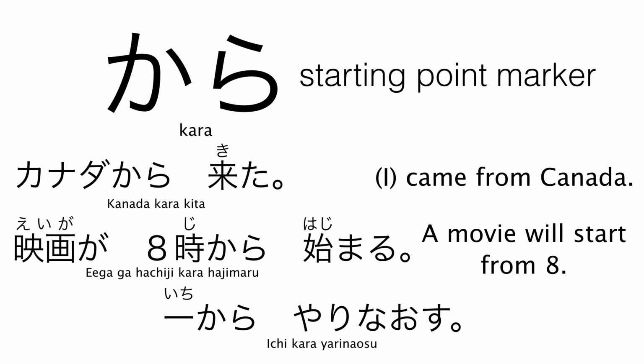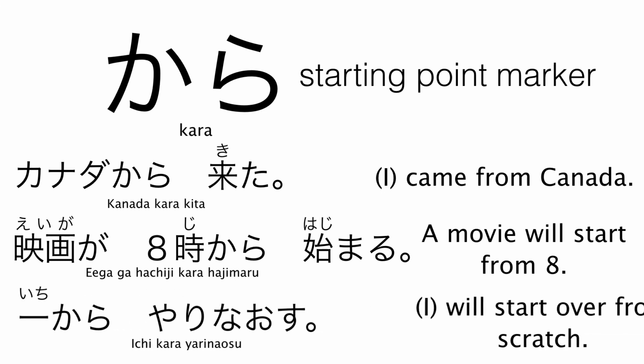The last example, 1からやり直す。1 means the number 1 in Japanese, and here it simply refers to the beginning. やり直す is a compound verb made up of やる, which means to do, and 直す, to fix or repair. So the verb means to redo something or start over. The sentence means I will start from scratch.